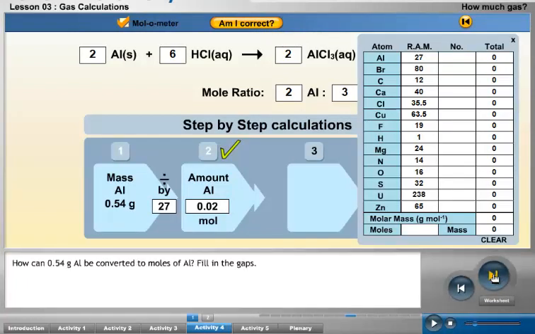How can 0.54 grams aluminium be converted to moles of aluminium?